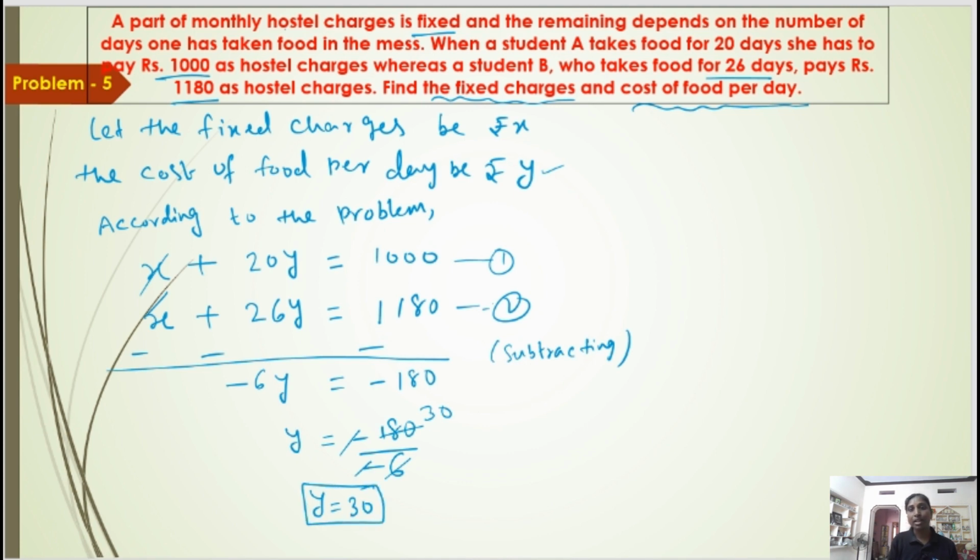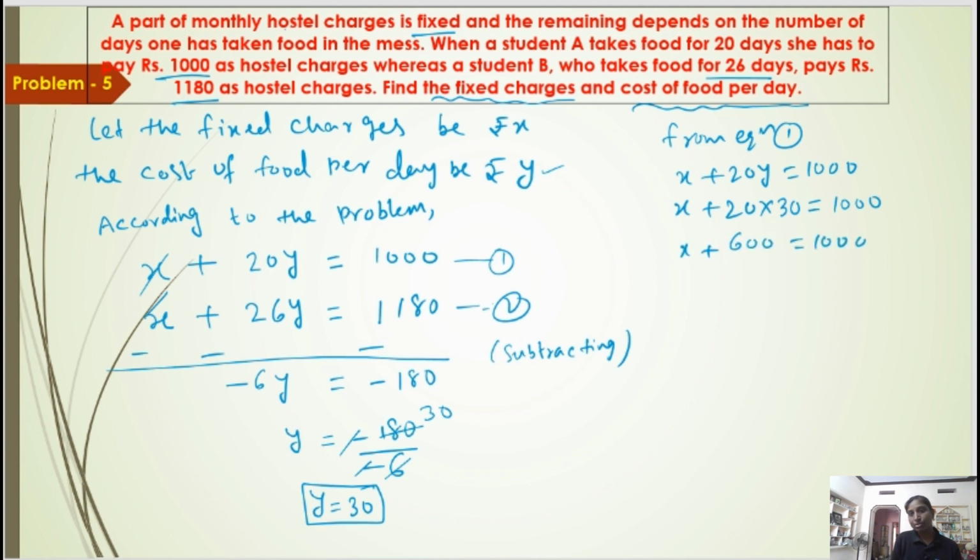Now put the value of y in equation number 1. What was equation number 1? x plus 20y is equal to 1000. Put the value of y here: x plus 20 into 30 is equal to 1000. So x plus 600 is equal to 1000.